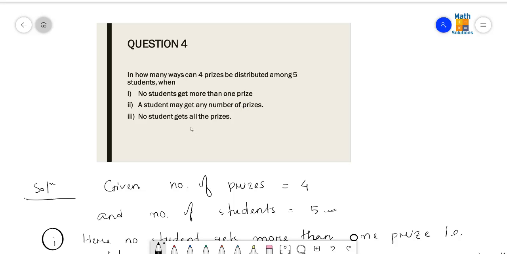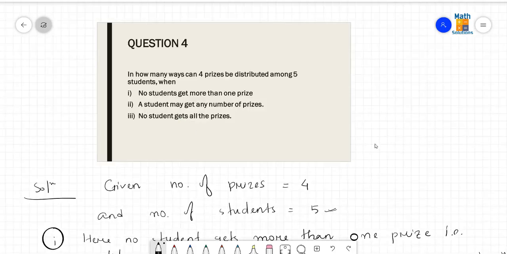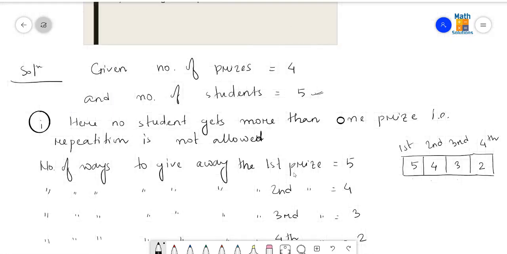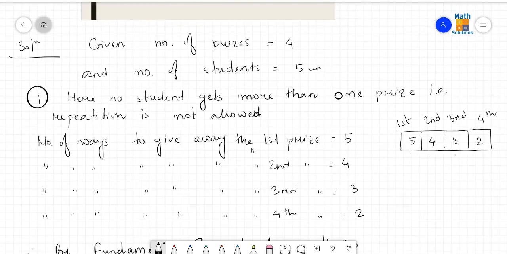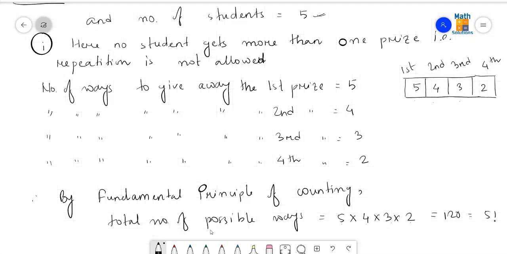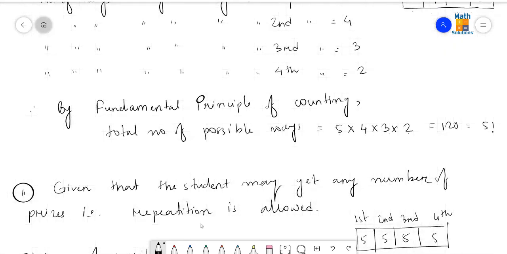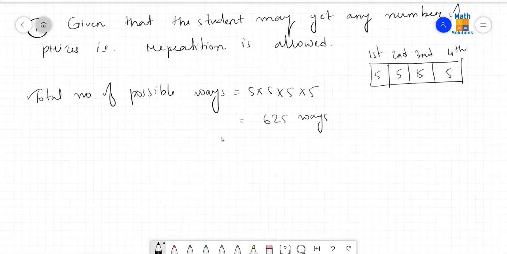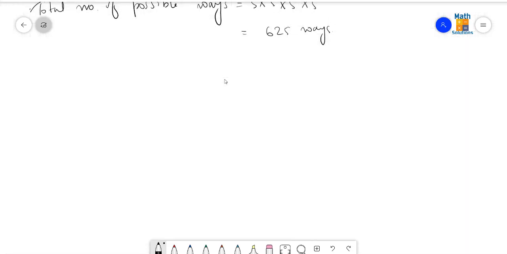How many such options will be there in which a student can get all the prizes? There is only one such option, yes or no? When a student gets all the prizes, only one such student can be there, yes or no? So this can be any one of these 5. Am I right? Any one of these 5 means any student can get all the 4 prizes. So there are 5 possible ways.